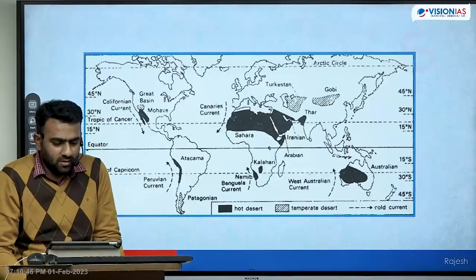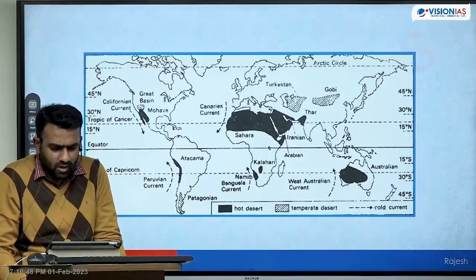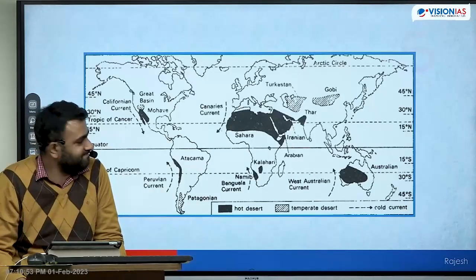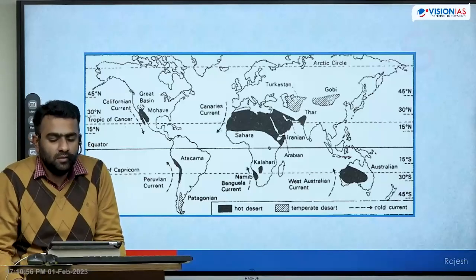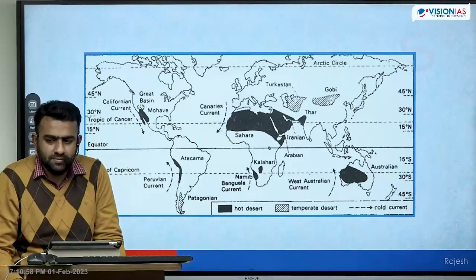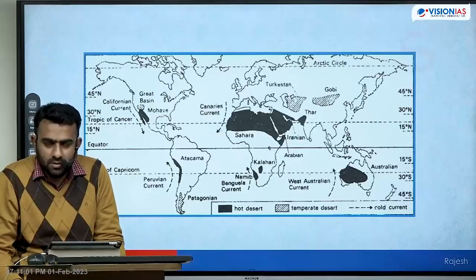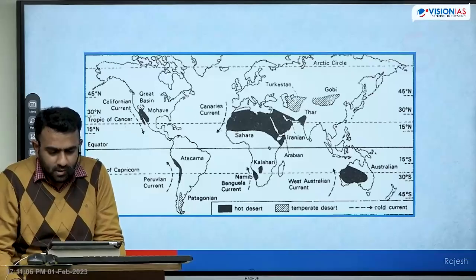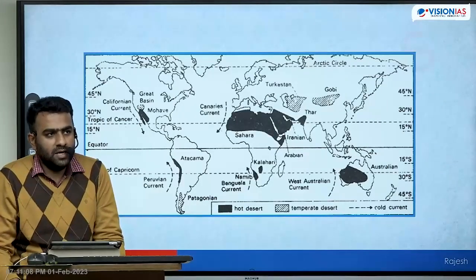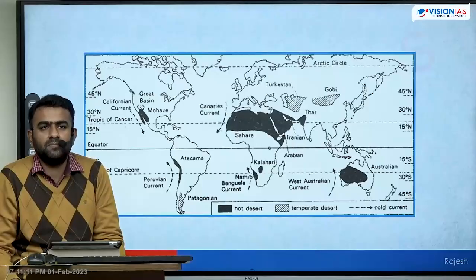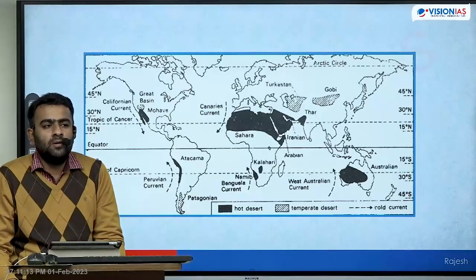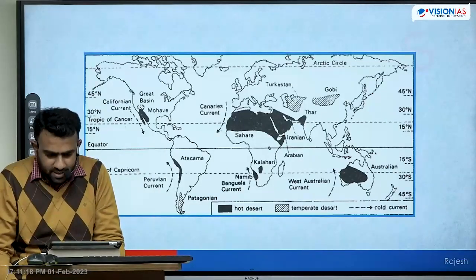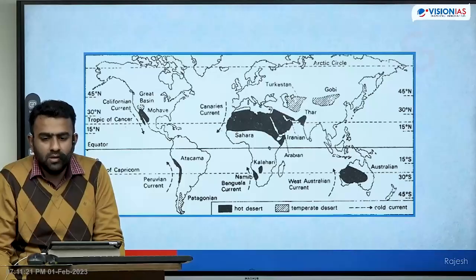Hot deserts are formed by three important conditions. First one, nearness to the subtropical high pressure belt. So if there is a high pressure belt, what will happen?